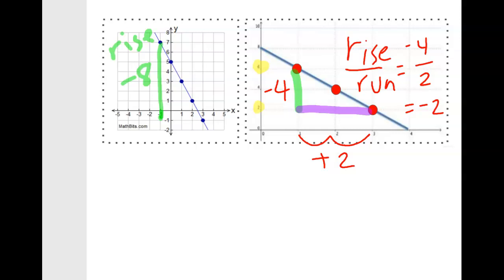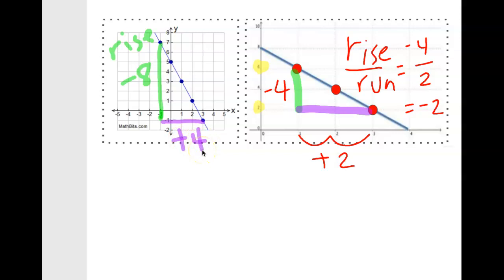Now, switching over to purple like I had before to determine my run. I'm going to go over from the -1 over to where this point stops. The total distance going from -1 to +3, think of that sort of like a number line. When I skip count, that is a total of 4 spaces. When I move to the right with my run, that's going to be a +4.